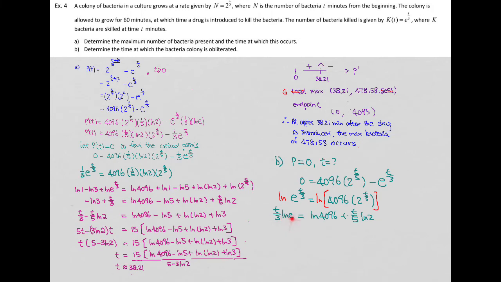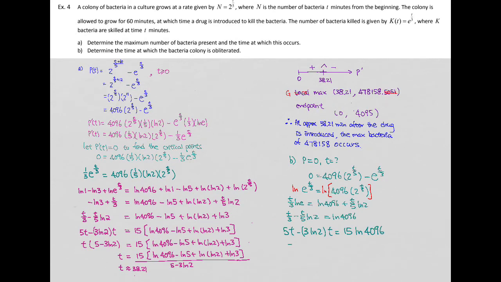Then ln e is 1, so we're going to get rid of this. And we are going to bring this term to the left-hand side to isolate for t and multiply everything by 15 to get rid of the fractions. Now we're going to factor out the t, and divide both sides by 5 minus 3 ln 2.